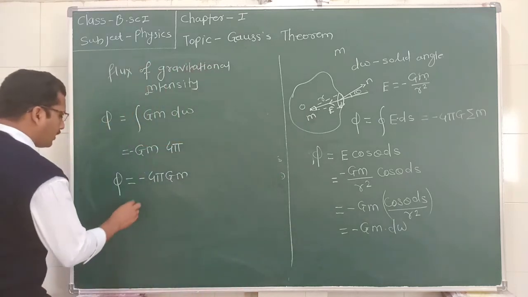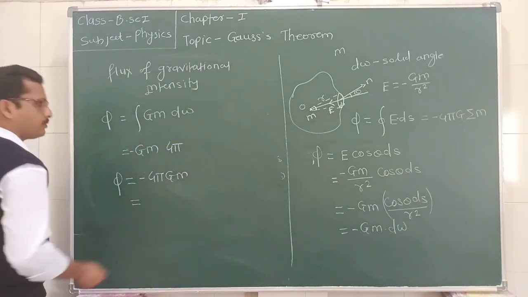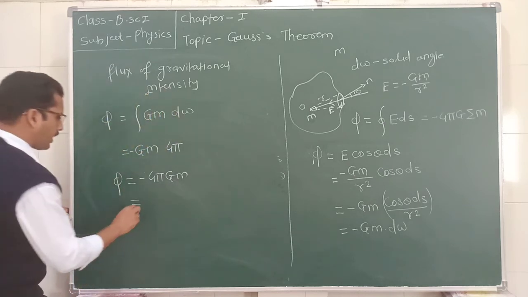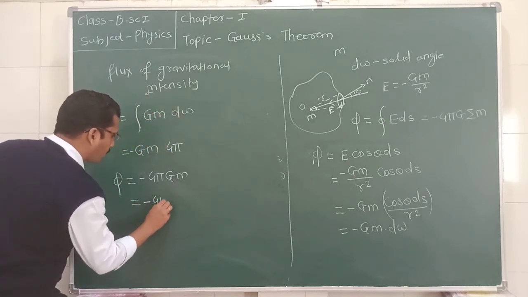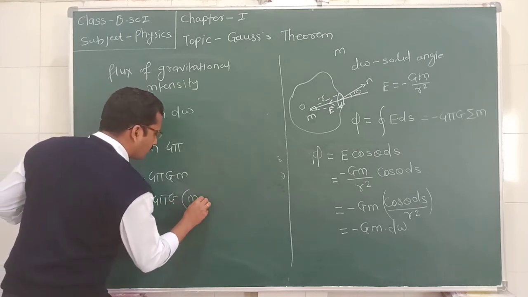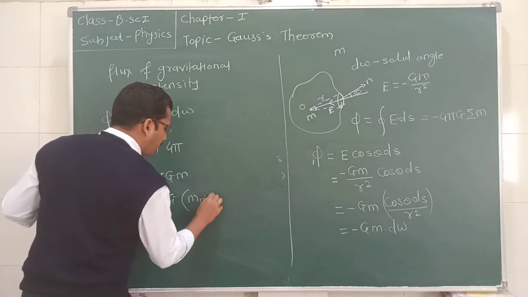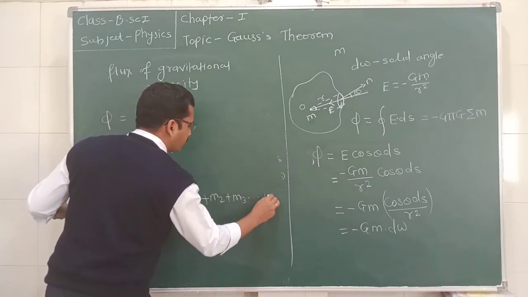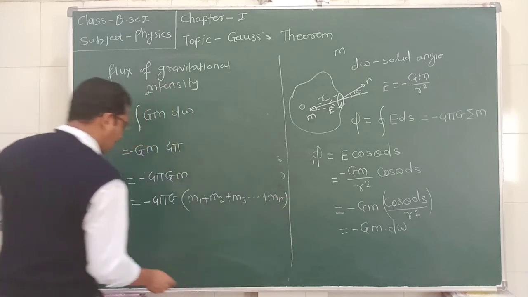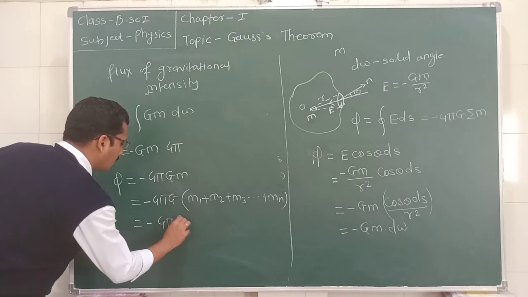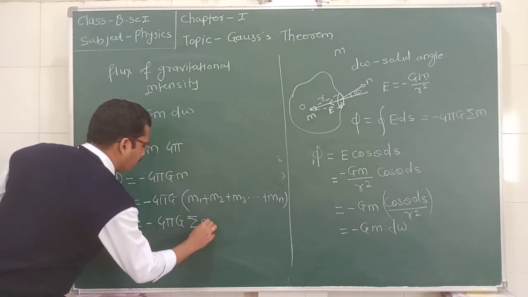So the total flux due to the body is equal to minus 4 pi G times the sum of the masses, for example m1, m2, m3 up to mn. Or we can also write this equation as minus 4 pi G summation of m.